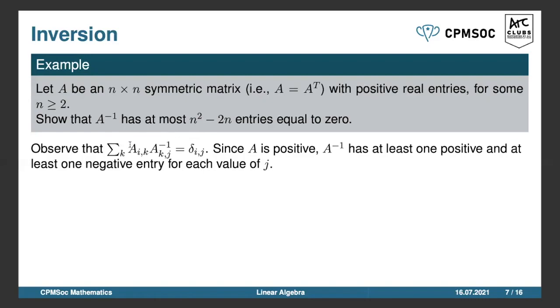And because of that, we know that for some i, all of these are going to be positive. So in A inverse, we're looking at column j. Well, if column j is all zeros, we're only multiplying by column j. So all of these for any value of j will be 0, but we can't have that.